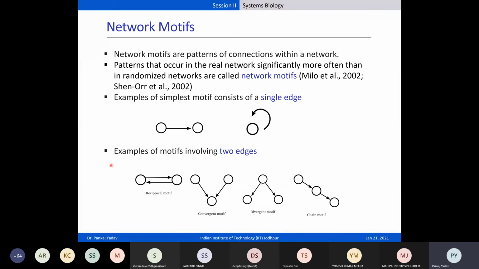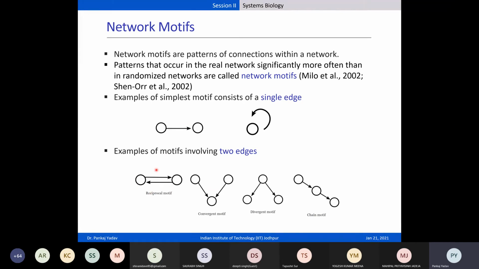Another example of motifs involves two different edges. You can have a reciprocal motif, where gene A is regulating gene B, and then gene B is also regulating gene A. In contrast, here you just have gene A regulating gene B, but here you have reciprocal regulation also.